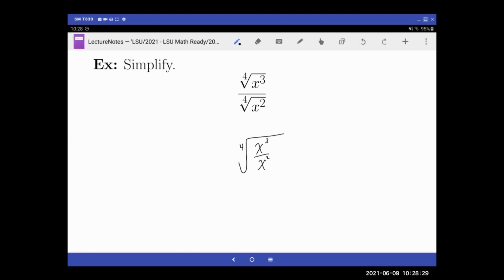Remember, when you divide, the law of exponents says you subtract the exponents, of course, if the base is the same. And 3 minus 2 is 1, so this is the fourth root of x to the first power, which is one way to have it simplified. Or I could even write that as x to the 1/4 power. Remember, these two statements are equivalent.